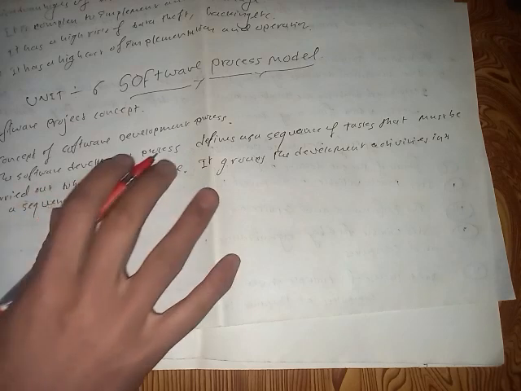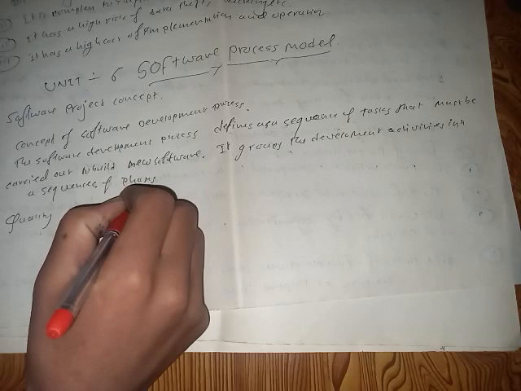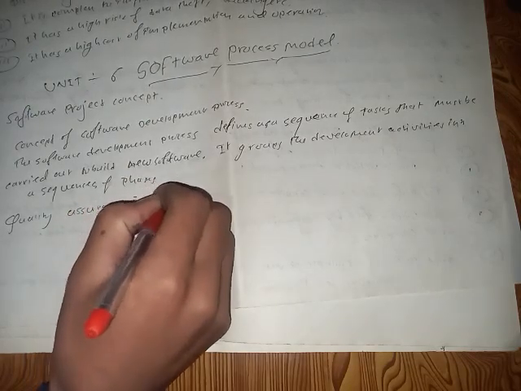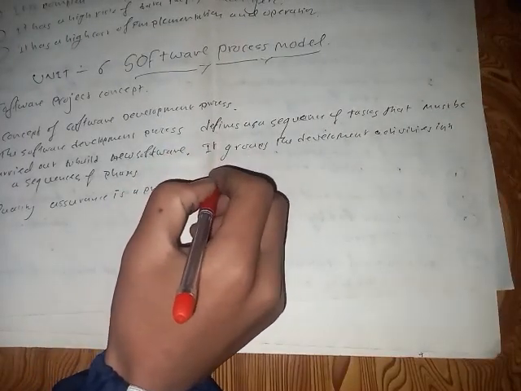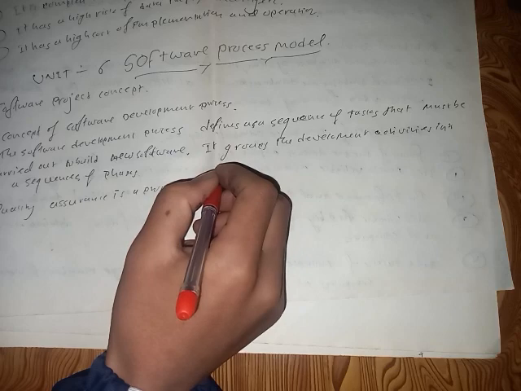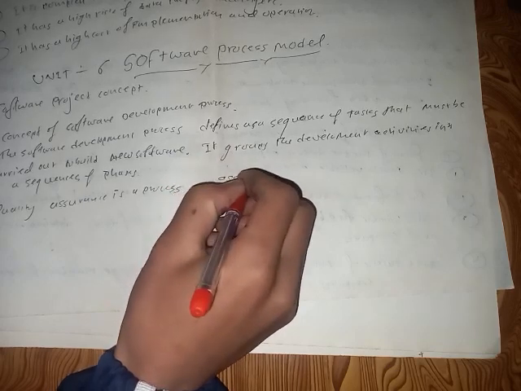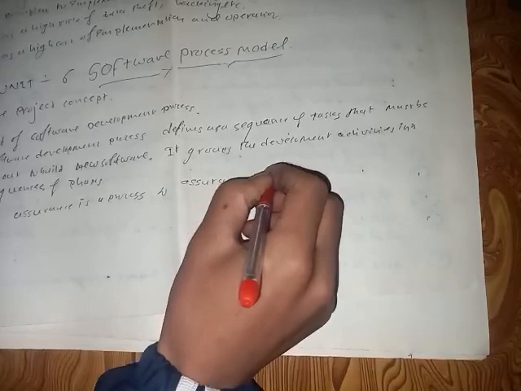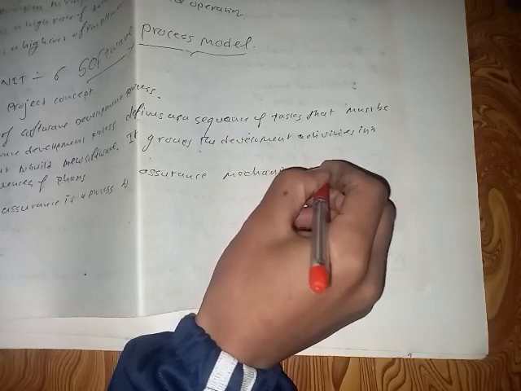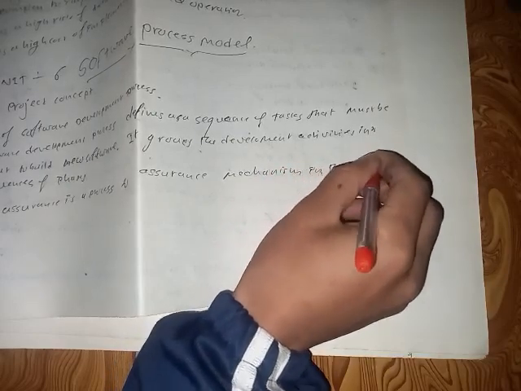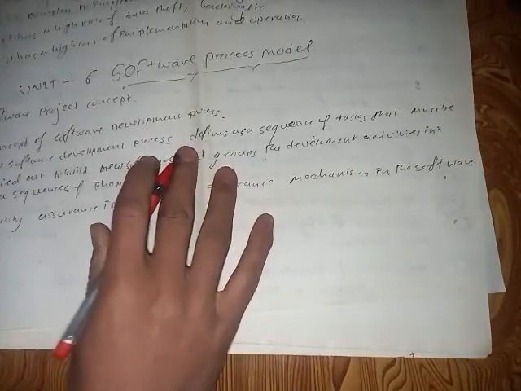Quality assurance is a process to ensure the quality assurance mechanism in the software development process.